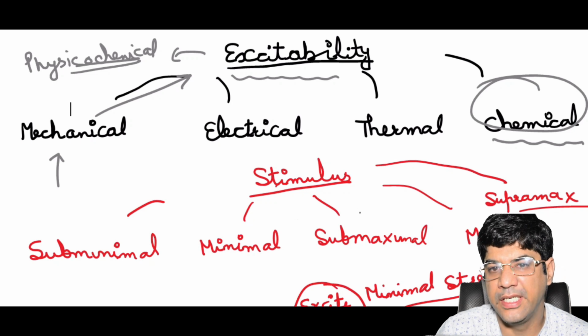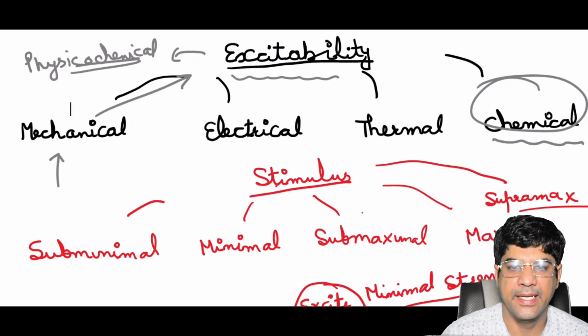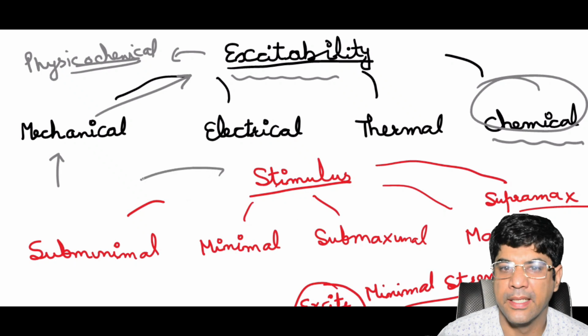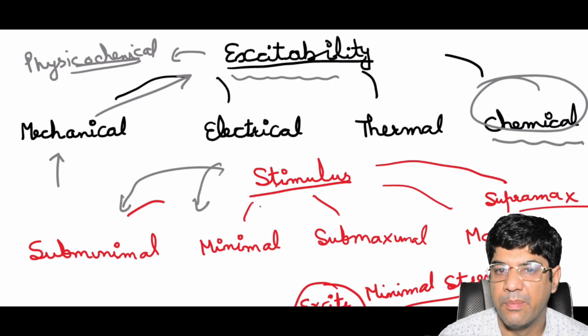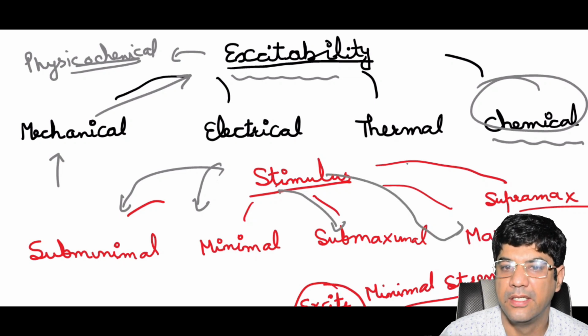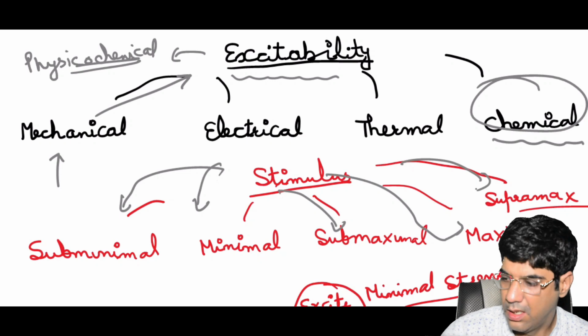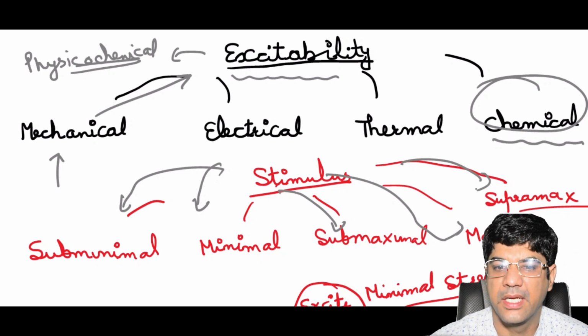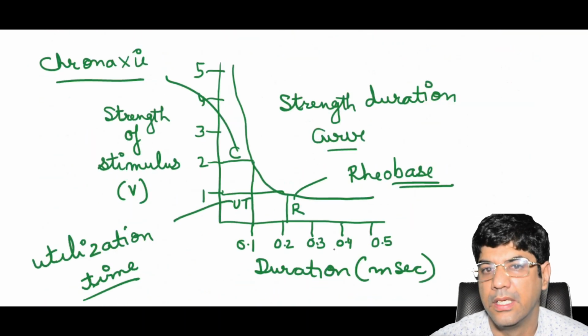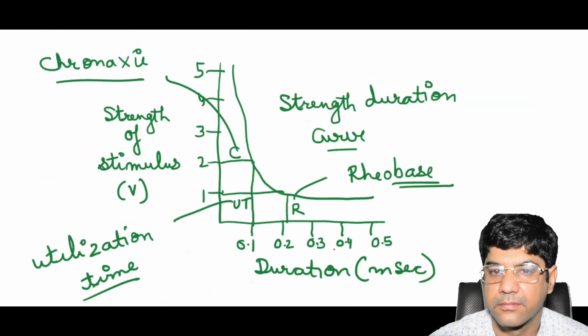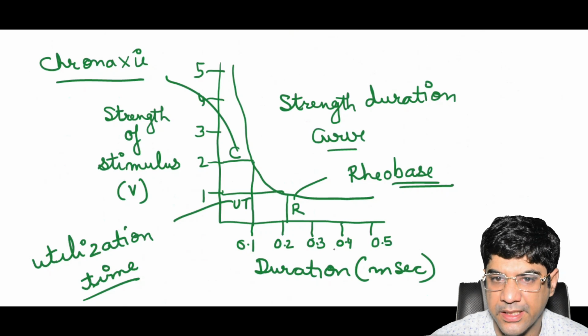depending upon the intensity or the strength, we categorize the stimulus. It can be either subminimal stimulus, minimal stimulus, submaximal, maximal stimulus or supramaximal stimulus. Next important part is the strength duration relationship.